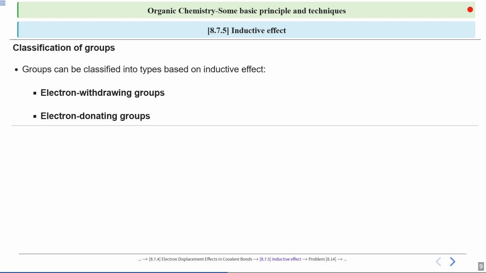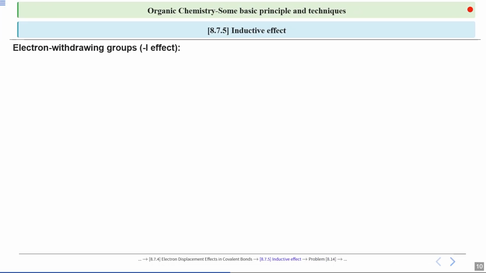I hope you are getting the point. The set of atoms which attracts electron towards itself is an electron withdrawing group, and which donates electron are called electron donating groups. With this, can you decide under which category the chlorine will fall? Of course, it will fall in the electron withdrawing group.